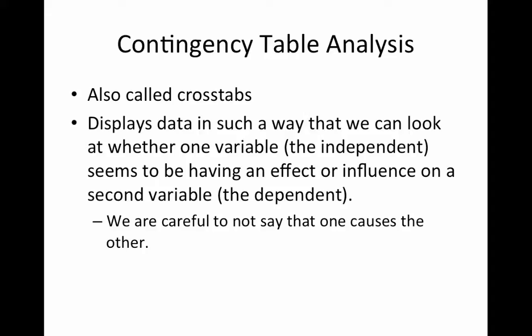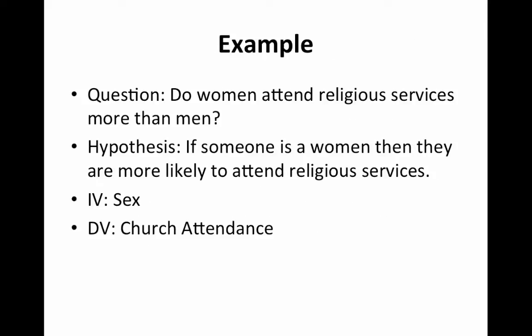And so for contingency tables, while you can do it with any number of categories and with any level of measurement, it's best to stick with simpler variables, and you'll see why when we go to our first example.